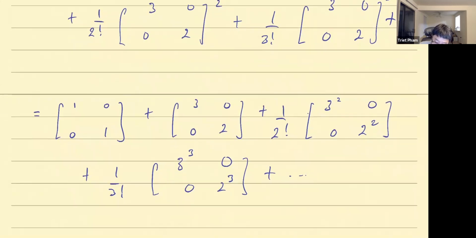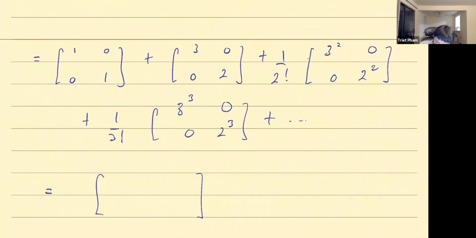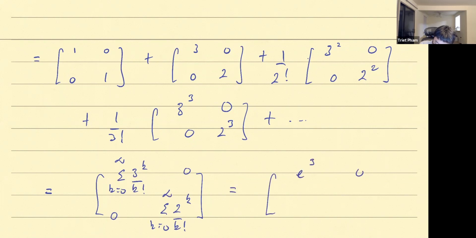And so you see, right, that the terms just sum up along the diagonals, giving you the sum of 3 to the k over k factorial, k from 0 to infinity, and the sum of 2 to the k over k factorial, or this is just e cubed, e squared. Question?